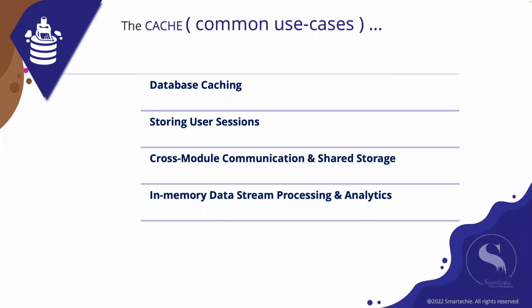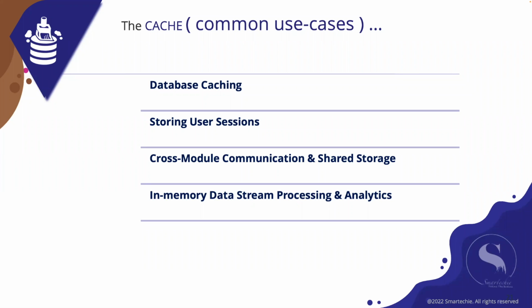Another kind of use case is cross-module communication and shared data, right? If there are multiple modules available in the system, and you want to communicate between those components, and that has to be seamless, then cross-module communication and shared storage come into the picture, right? In-memory distributed caching is also used for message communication between the different microservices running in conjunction with each other, right?